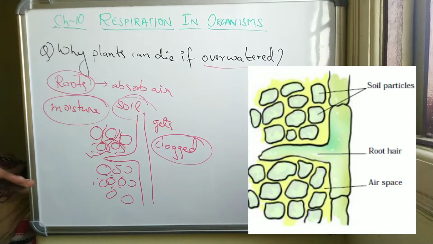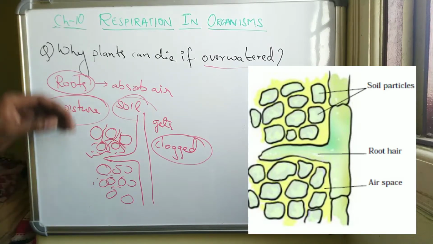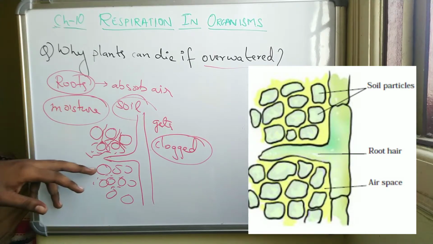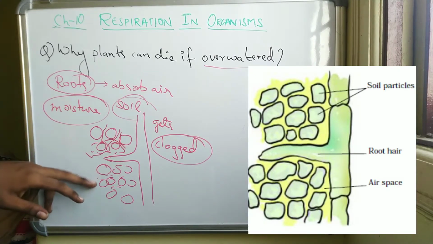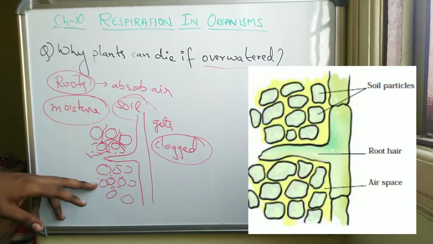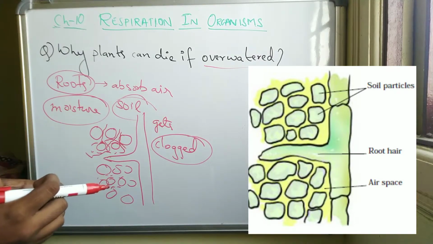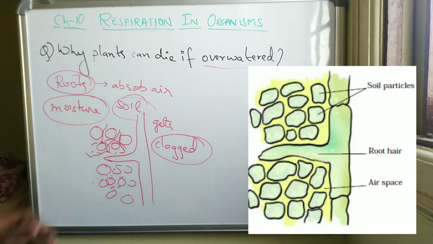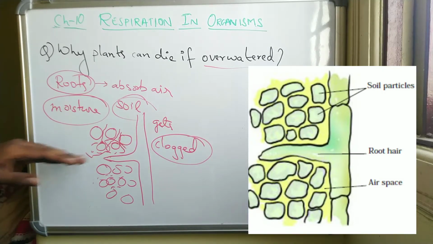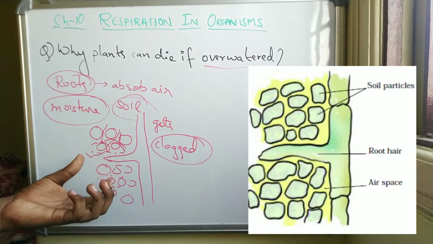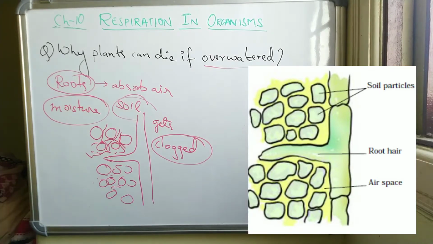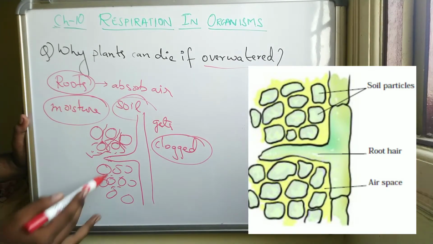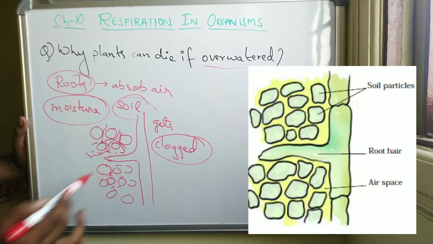You can observe over here, if you overwater, the spaces between them get filled, or we can say the soil particles come closer and get tightly packed. As a result, the roots will not be able to get enough air from the soil. If spaces are not there, air will not be present.